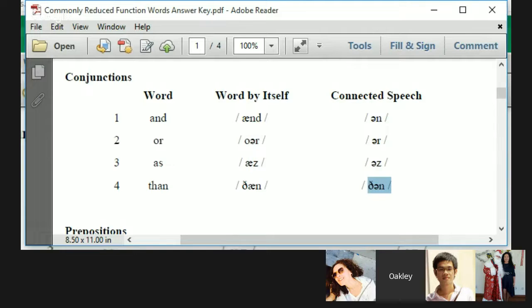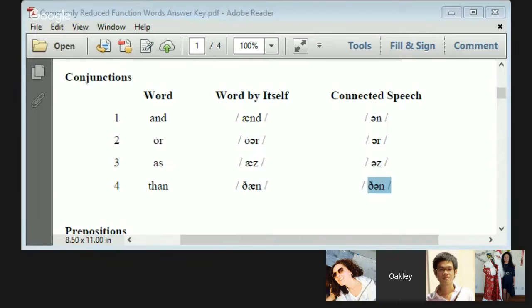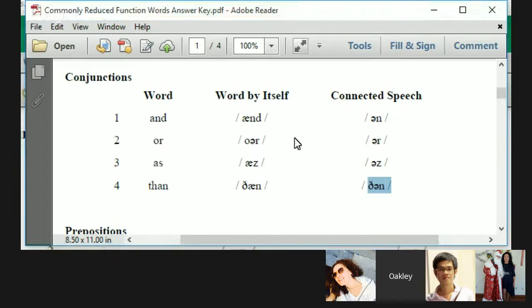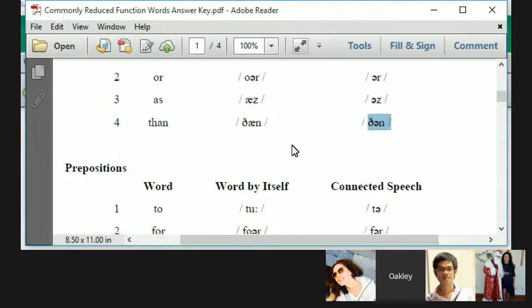Yep, very good. Now try this phrase: "Whiter than white." Very good. Very fast. "Whiter than white." Great.